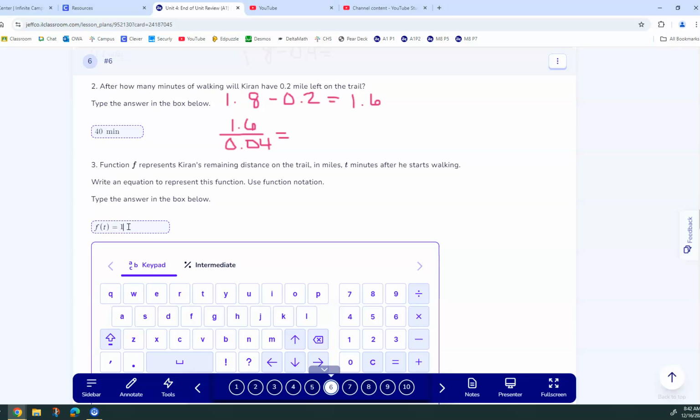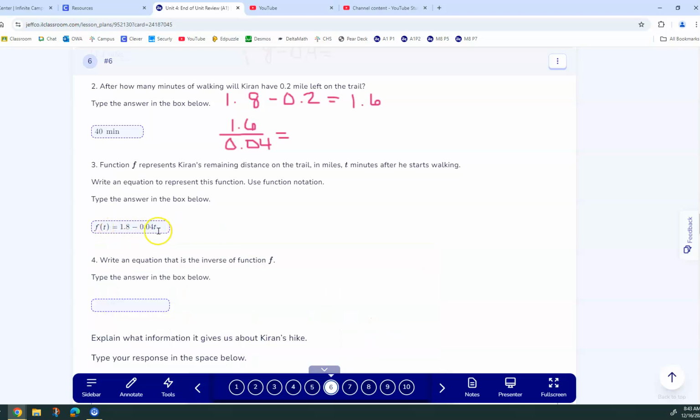So the total distance of the trail is 1.8 miles, and every minute that he walks, he covers 0.04 miles. The whole trail is 1.8 miles. So every minute, he's gone 0.04 miles on the trail.